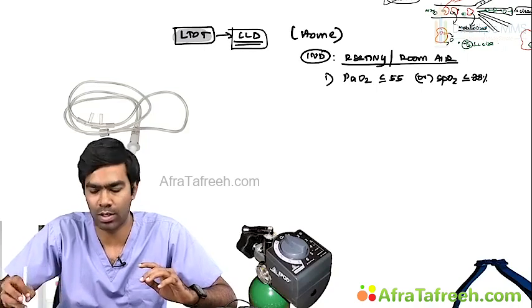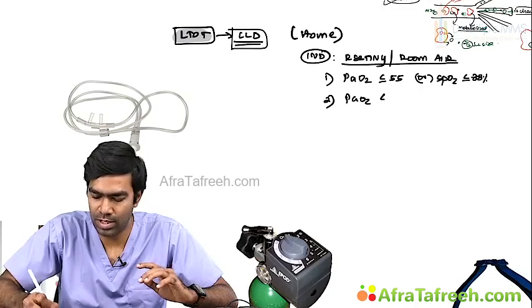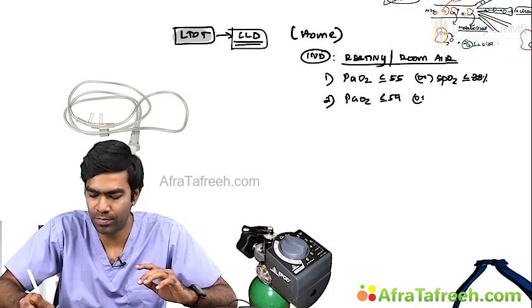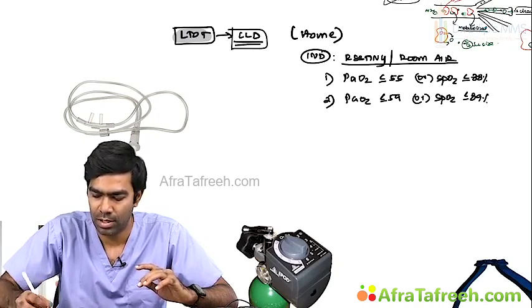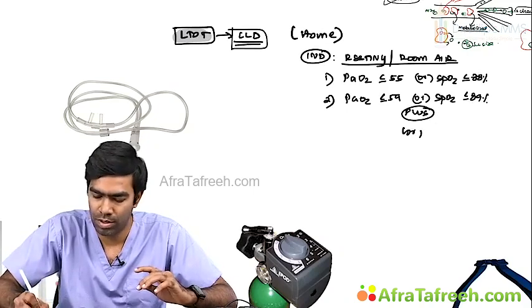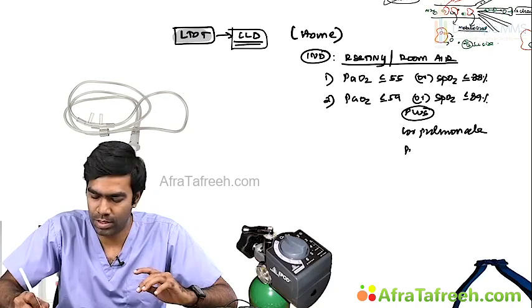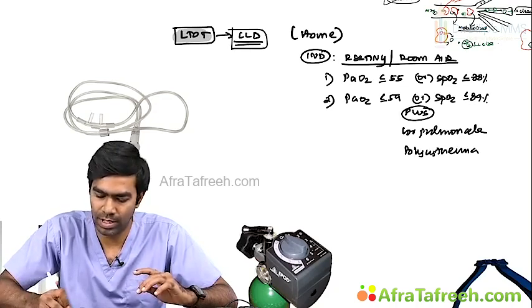So this is indication number 1. Second indication, either if PaO2 is less than or equal to 59 millimeters of mercury, or SpO2 is less than or equal to 89%, but the patient here should have either one of cor pulmonale or polycythemia. Any one.